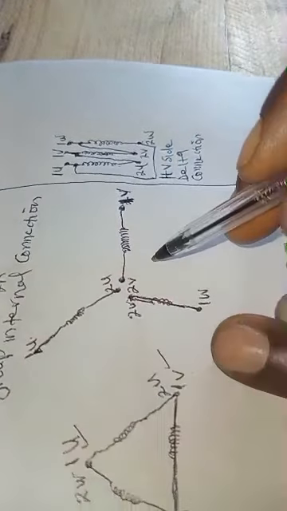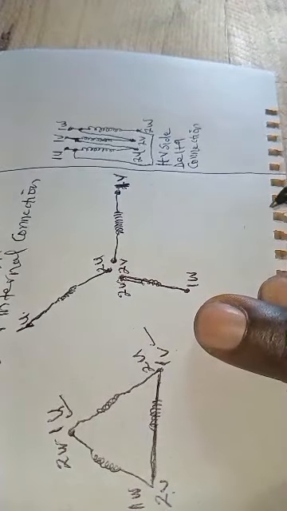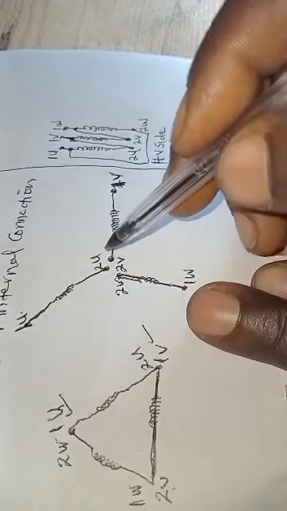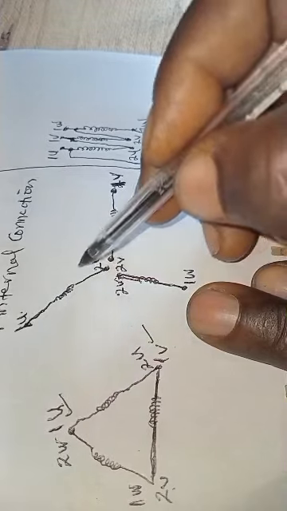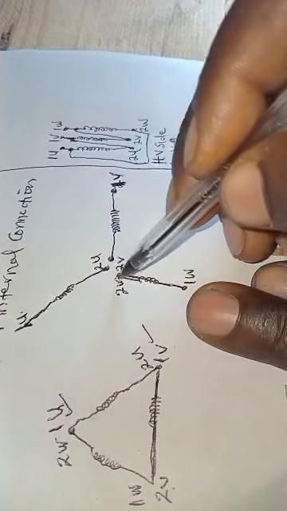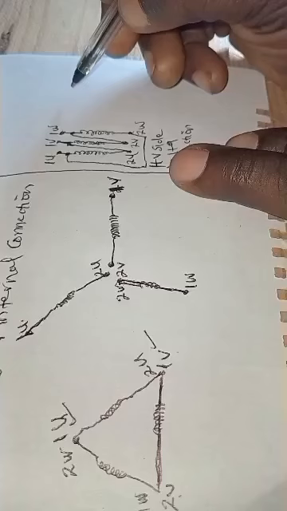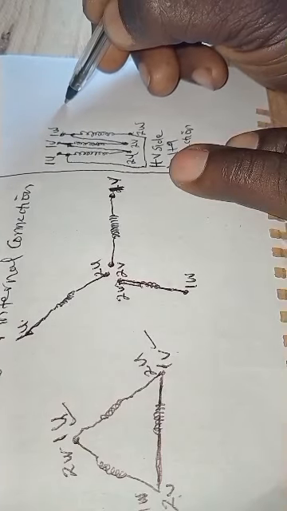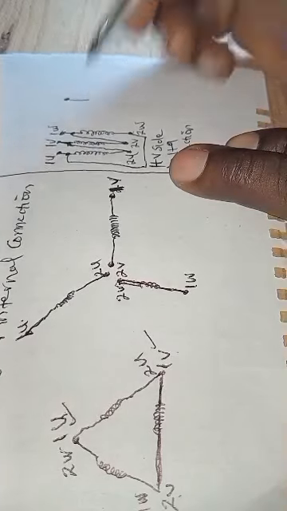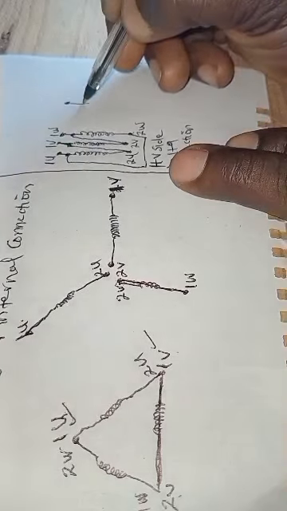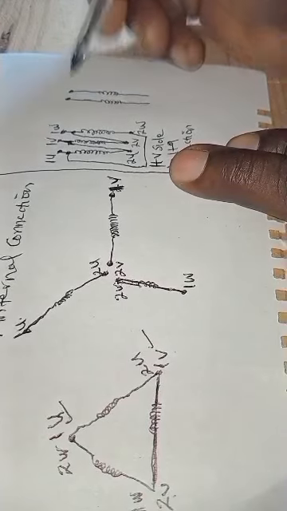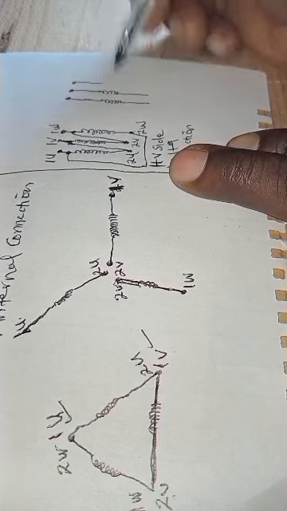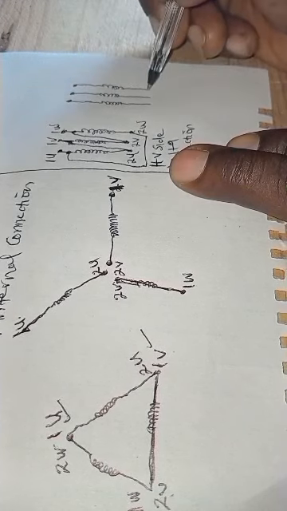Then to do that of star is very simple. Take note of this, we have our 2U, 2V, and 2W here. That means these will be our start points. So let's draw the LV winding. I have the first winding, the second winding, and the third winding.